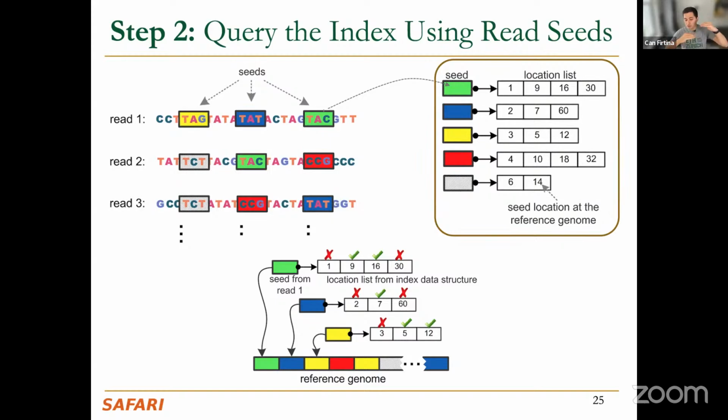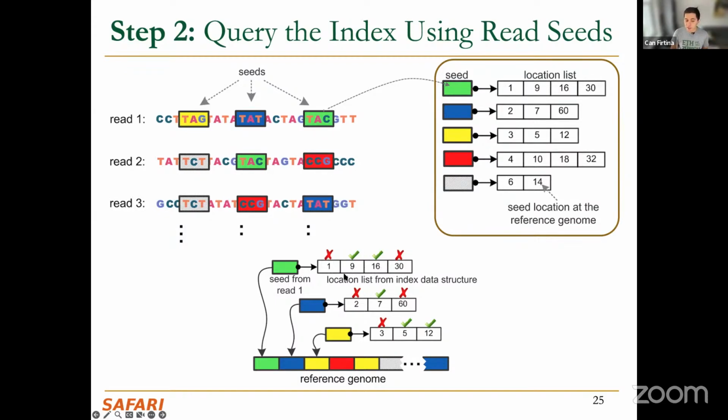And we call this a chaining technique. That's also a dynamic programming technique that I'm not going to explain here, but a chaining algorithm can filter out some of the seed positions quickly and then focus on the ones that are close to each other.